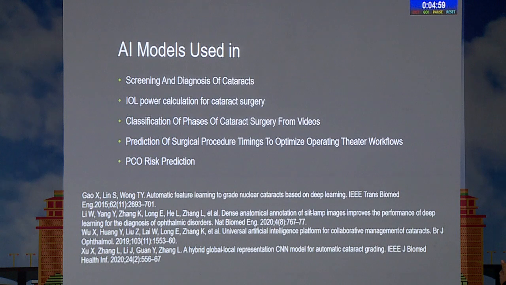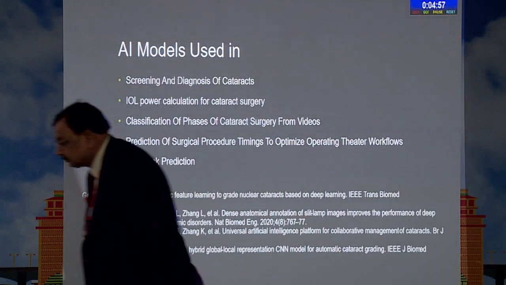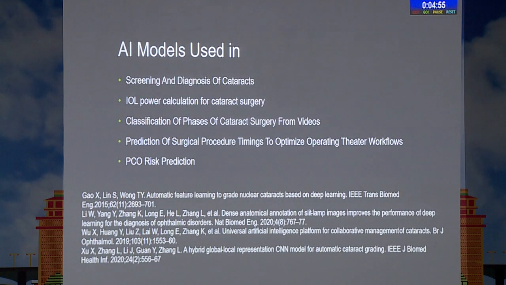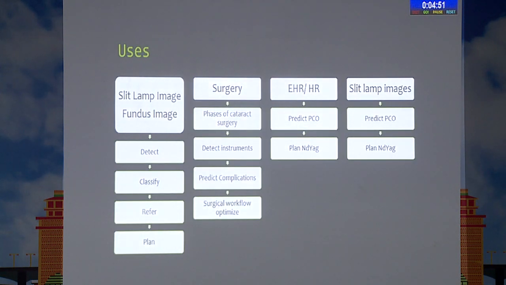It is also able to identify PCO risk reduction strategies. So the first thing, of course, is classifying and detecting it. That is very simple. It's a walk in the park, something that it does routinely from fundus images and from photographs. And in fact, a couple of people in India are close to commercializing it.